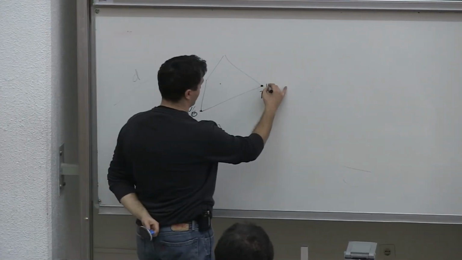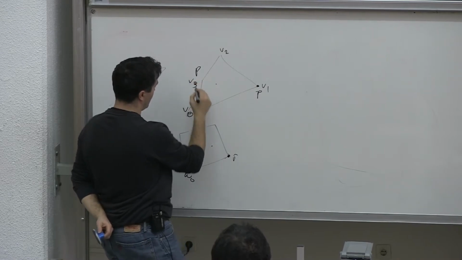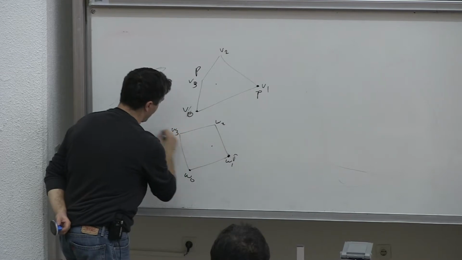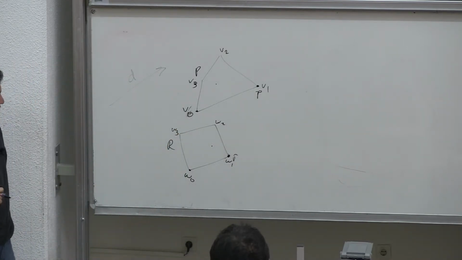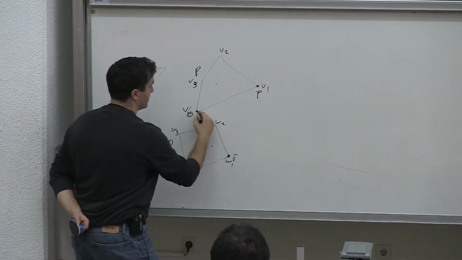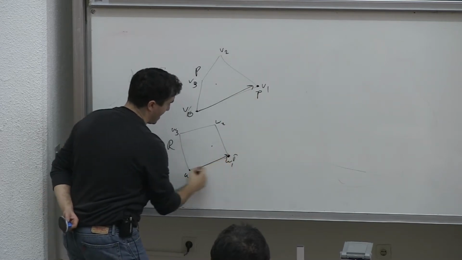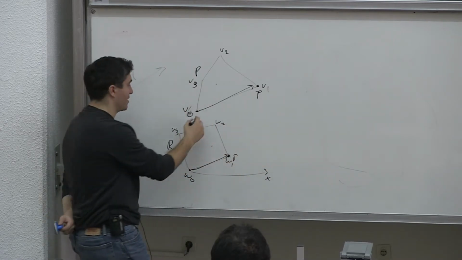And this is V1, V2, V3, and W1, W2, W3. Now what we do is we check the angle this edge and this edge make with the positive x-axis, just like Graham scan.